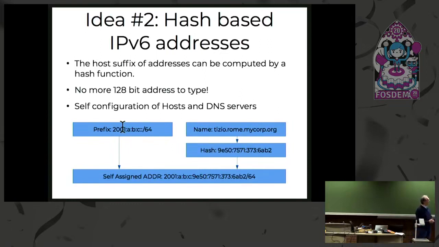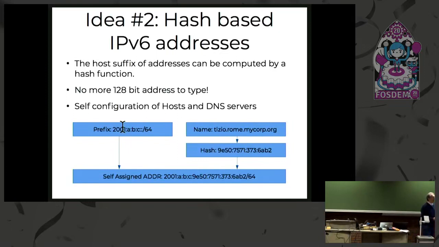So given the prefix of that network, you can just concatenate the prefix and a tail which is computed as a hash out of the name, and you have an IPv6 address.